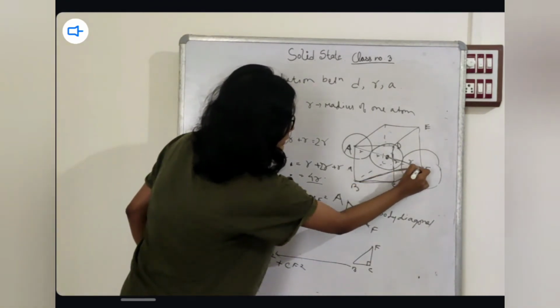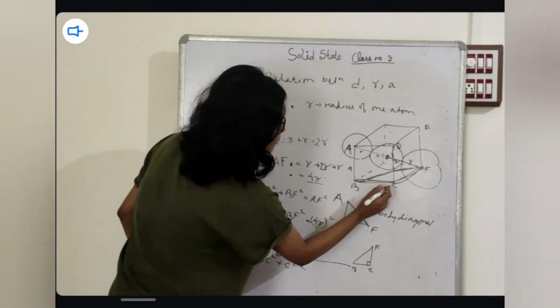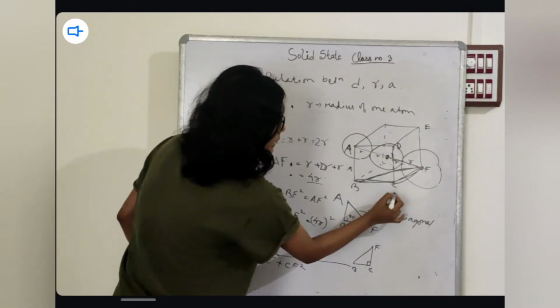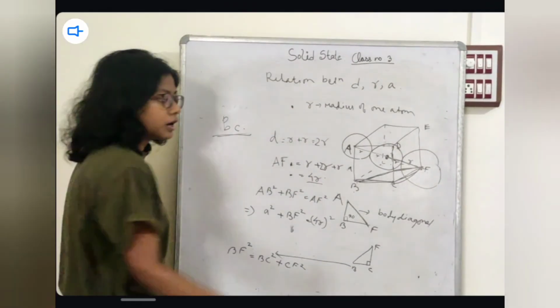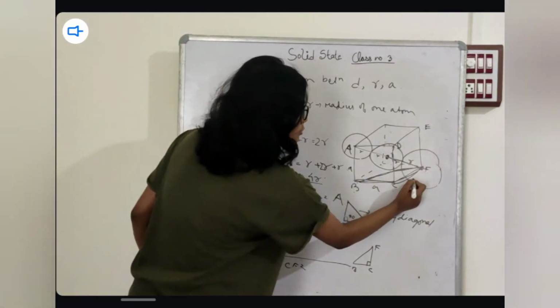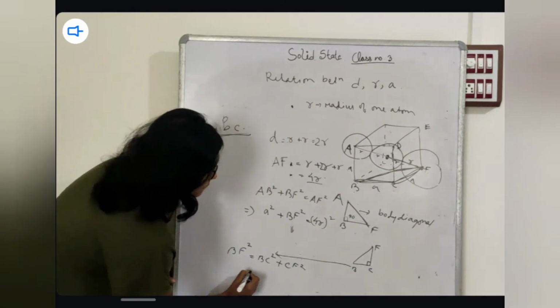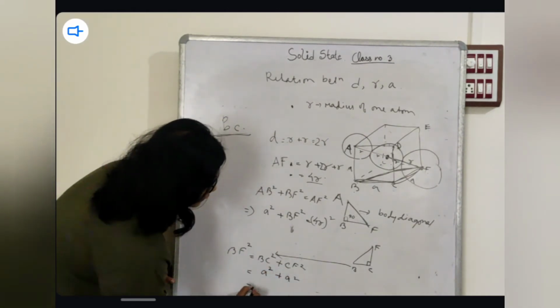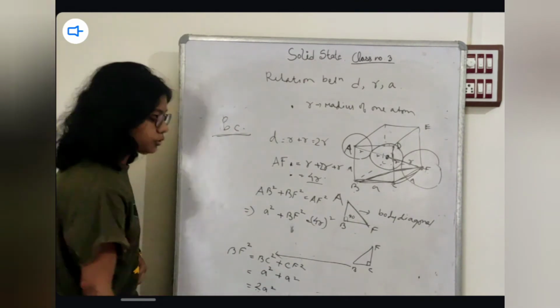From this triangle, BF square is equal to BC square plus CF square. BC is the edge length, and CF is also the edge length. So BF square is equal to A square plus A square, which is twice A square, right?